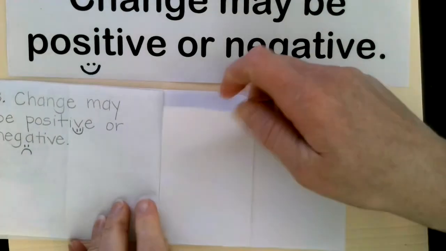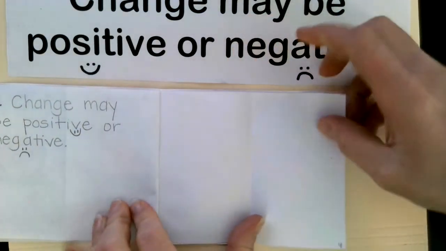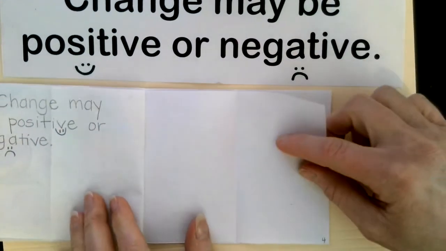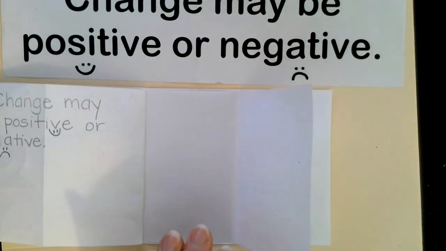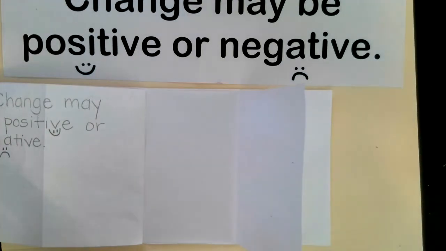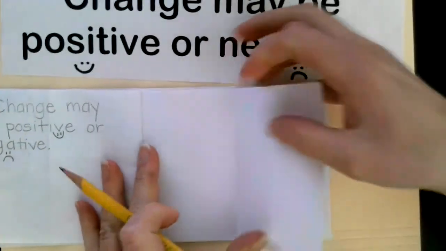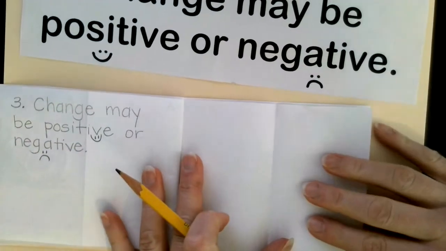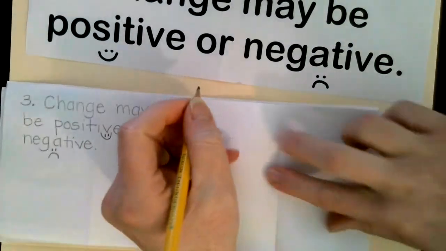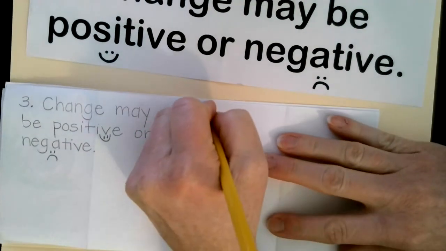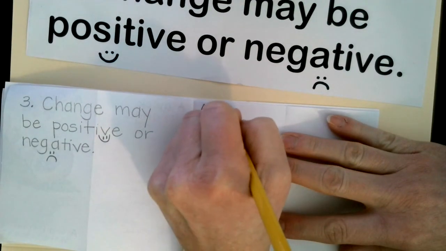Anyway, so we're going to open that back up. Okay, so I folded that in half. So I've got these two pages. And here, we're going to write a good change.